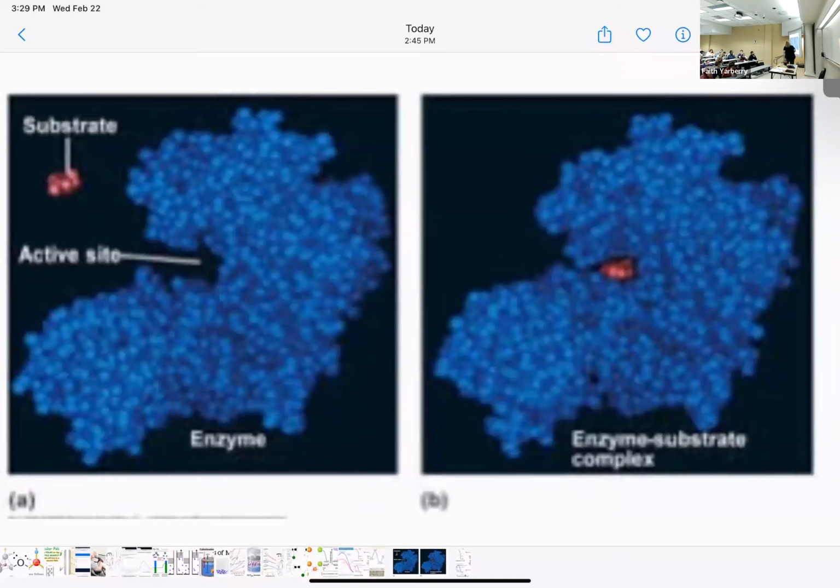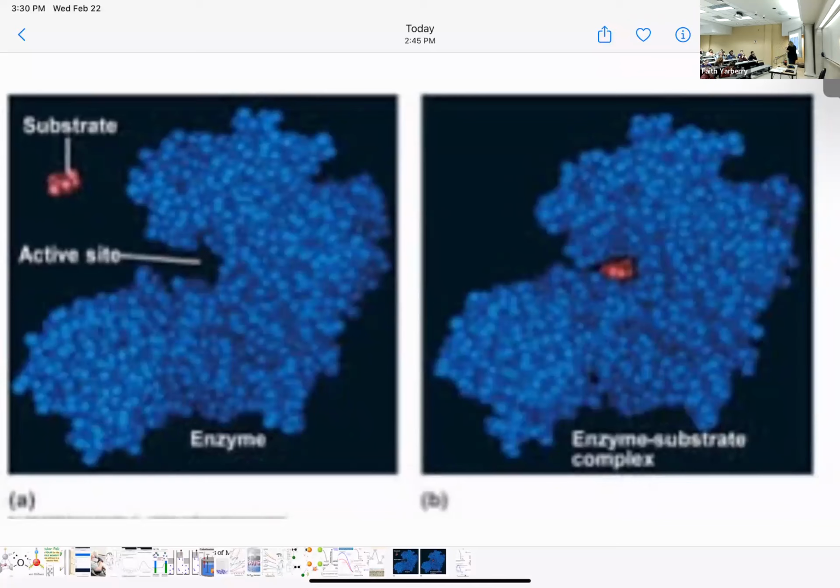And what happens is you have your substrate, the molecule you want to undergo the reaction, it enters into that active site, and that active site starts pulling that molecule apart so that the reaction can occur.